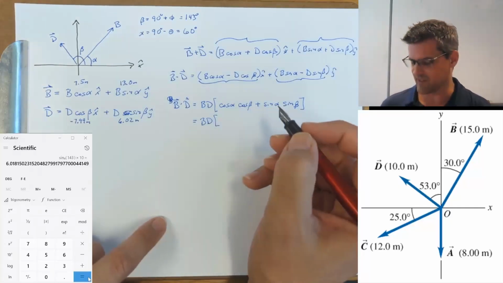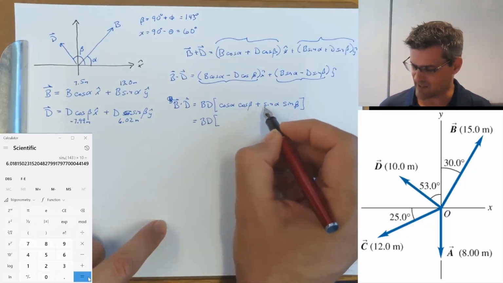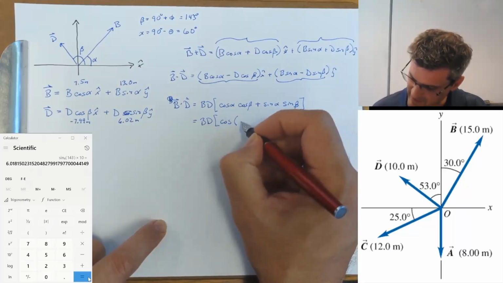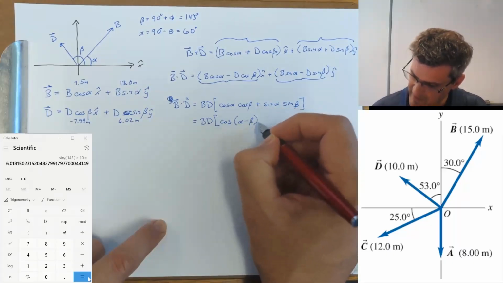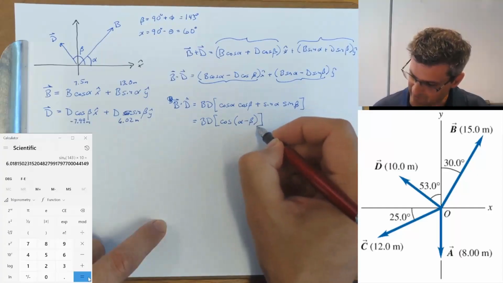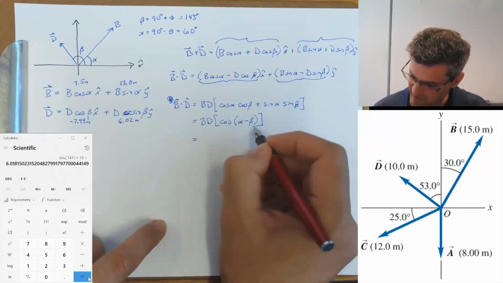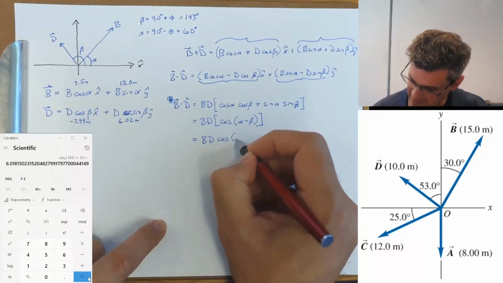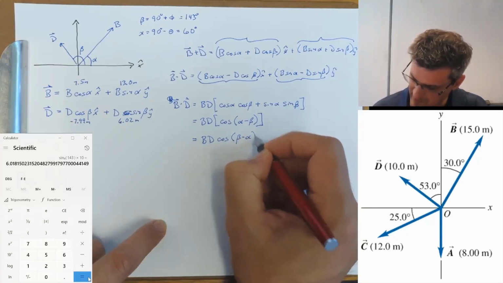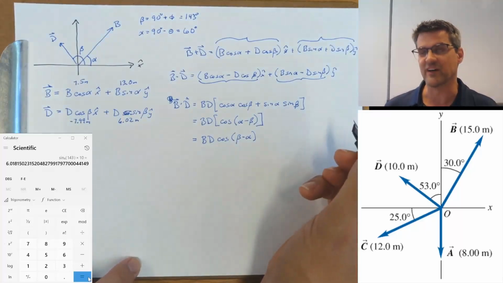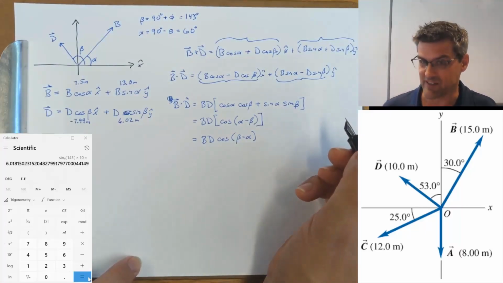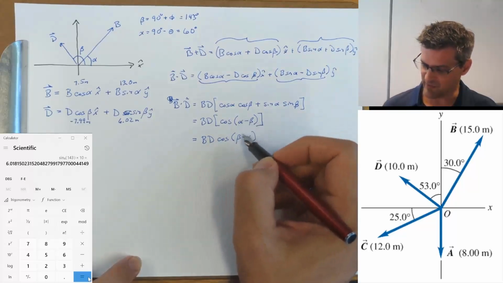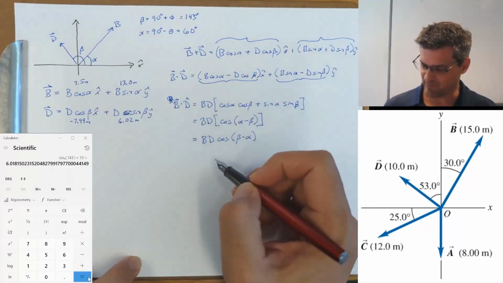From the trigonometric identity, cosine cosine, sine sine, this is cosine of alpha minus beta, which is the same thing as the cosine of beta minus alpha. Cosine of 10 is the same thing as cosine of minus 10. Cosine of 90 is the same thing as cosine of minus 90. So putting a minus sign through that is not a problem.